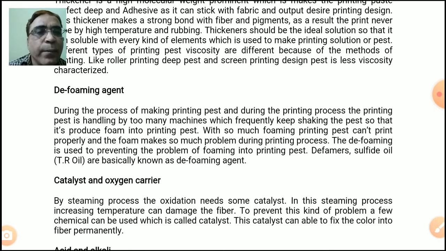When we print with a paste which is having foam, later on what will happen? The bubbles will break and there will be no print. So this foam has to be removed or killed. So defoaming agent is used to kill that foam in the printing paste. So it is a very important ingredient to get a uniform printing in the textiles.